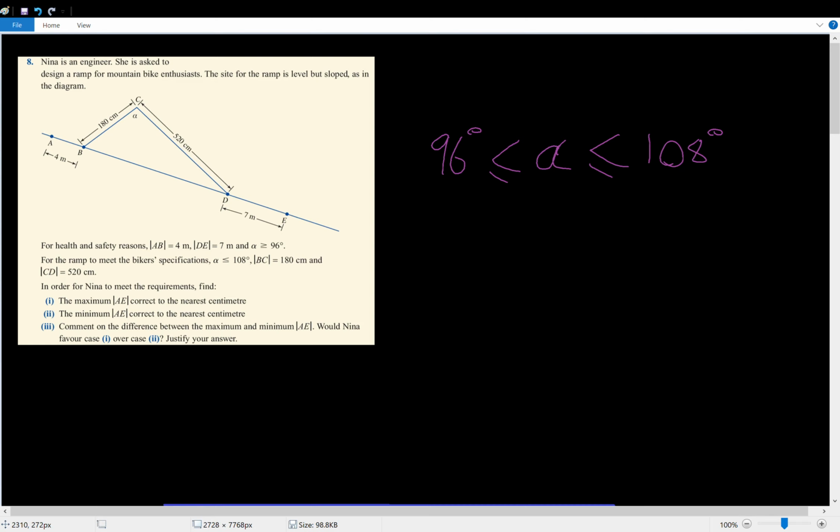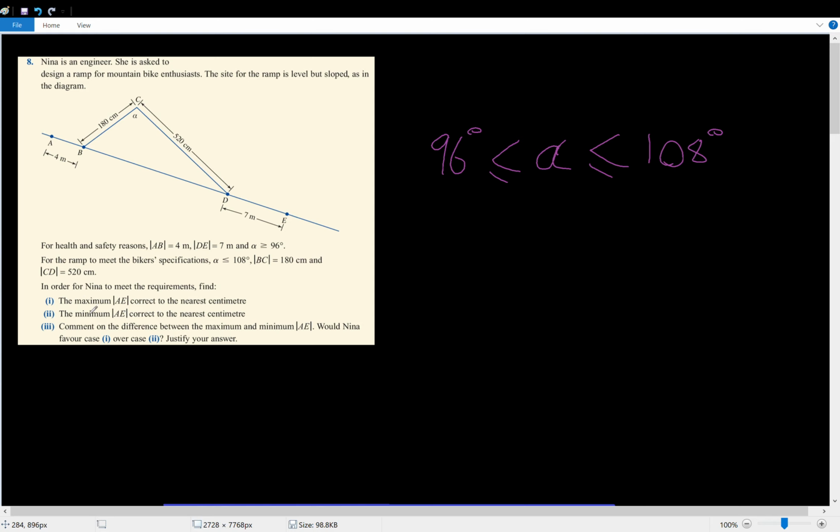So we've got boundaries for it, which means that for the maximum length A to E, we need to get the maximum distance between B and D. And to get the maximum distance between B and D in our diagram, we'll need the angle alpha to be as big as it possibly can. So for part 1, to find the maximum distance from A to E, we're going to assume alpha is its max, which is 108 degrees.